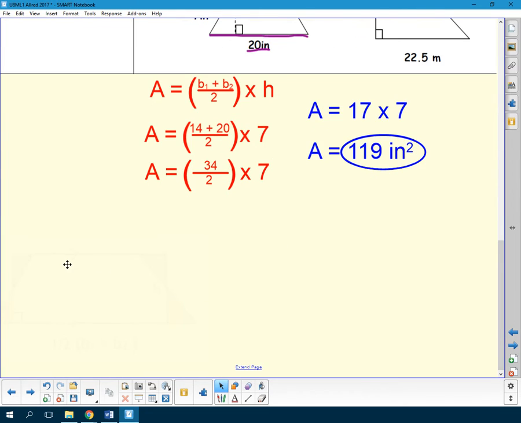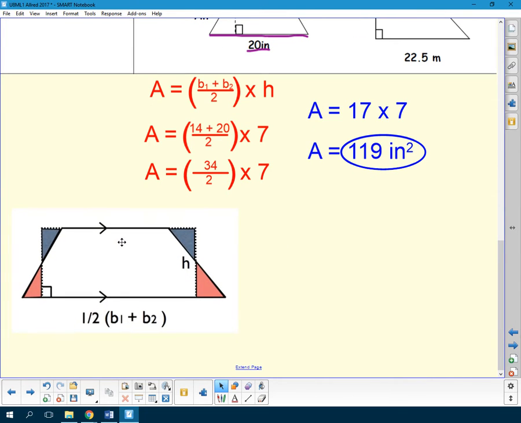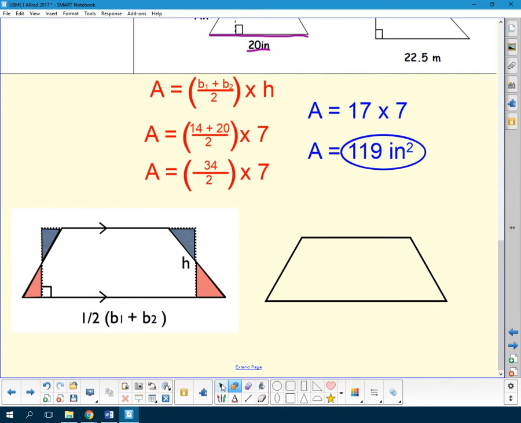When you actually look at a trapezoid and you sit there and look at it for a second, if you have an original trapezoid, maybe it looks like this. If you took that trapezoid and you can actually see this just a little bit, if you take this piece right here and this piece right here, and you cut those pieces off, that's what this picture demonstrates.